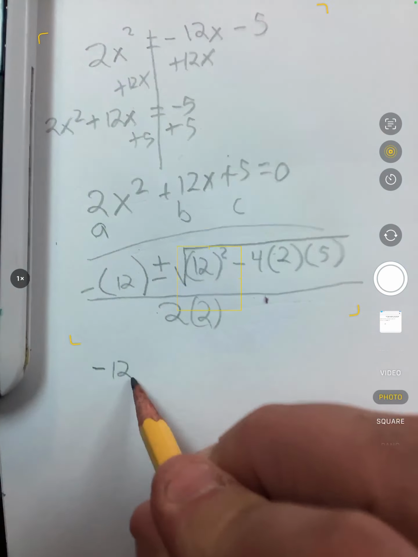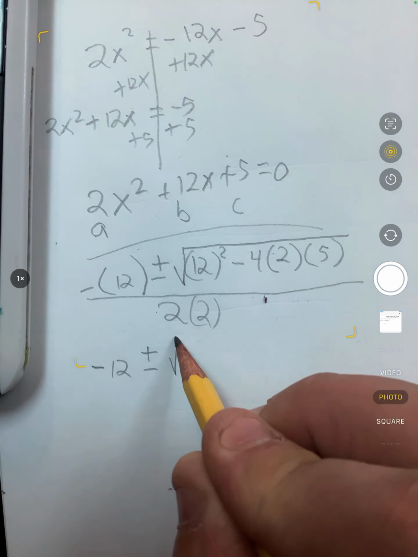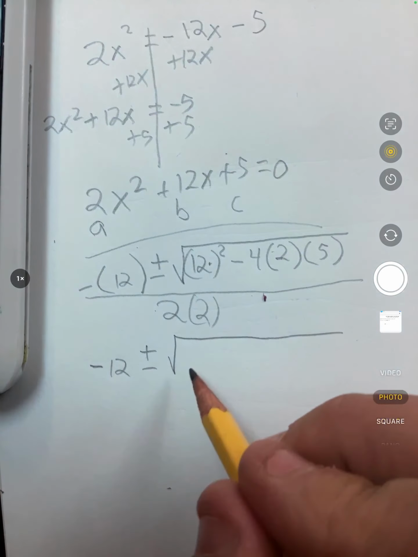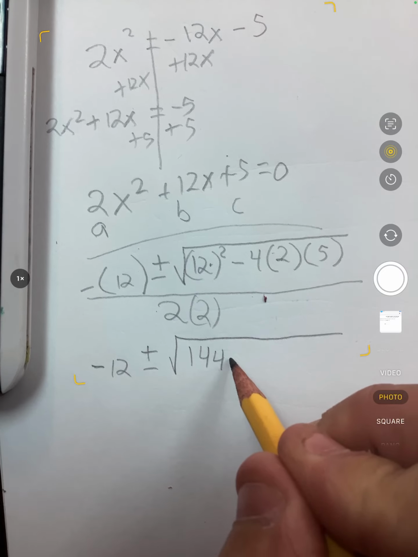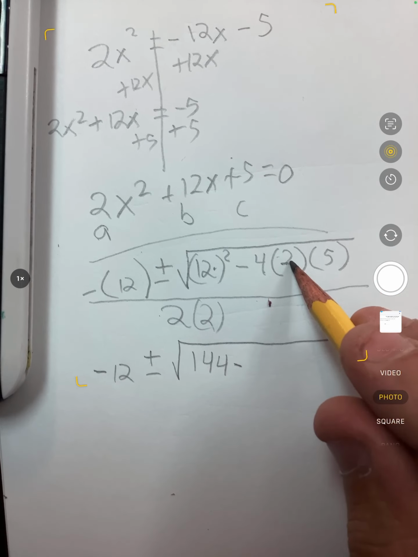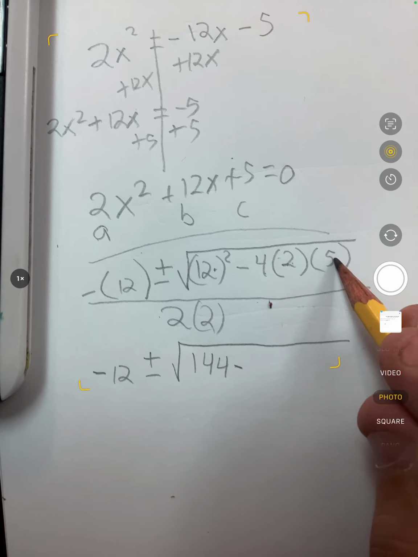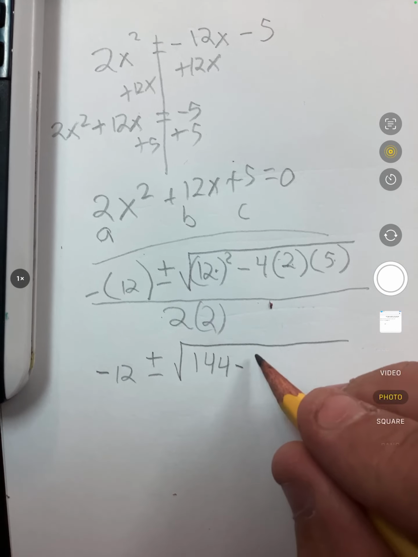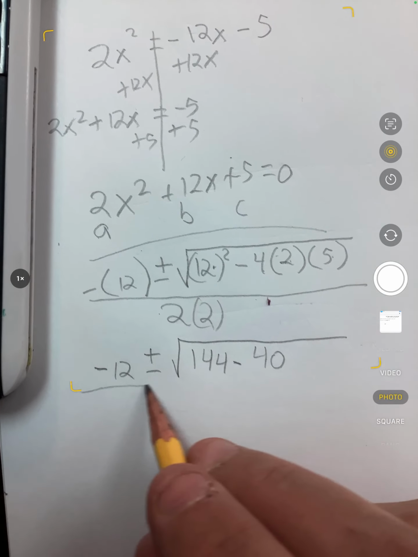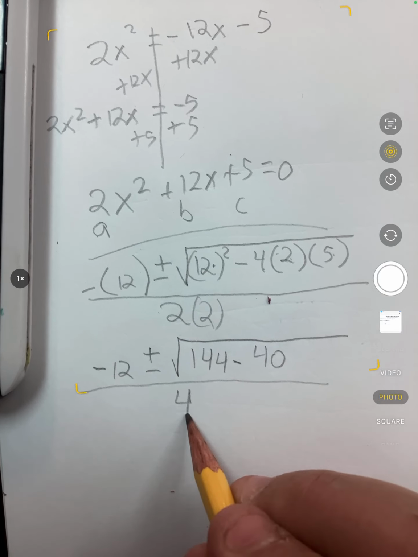Negative 12 plus or minus the square root of 12 squared, which is 144, minus 4 times 2, which is 8, times 5, which is 40, minus 40, divided by 4.